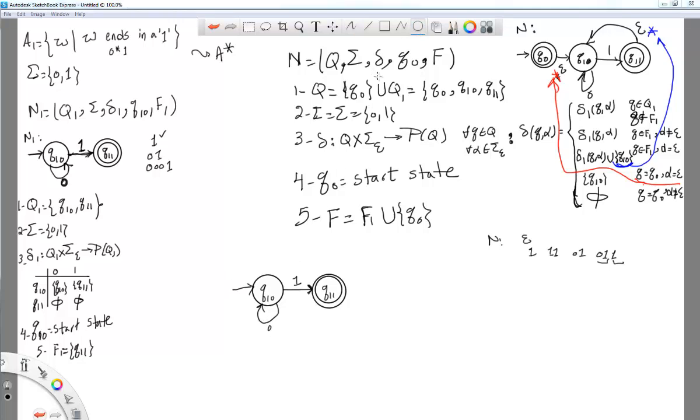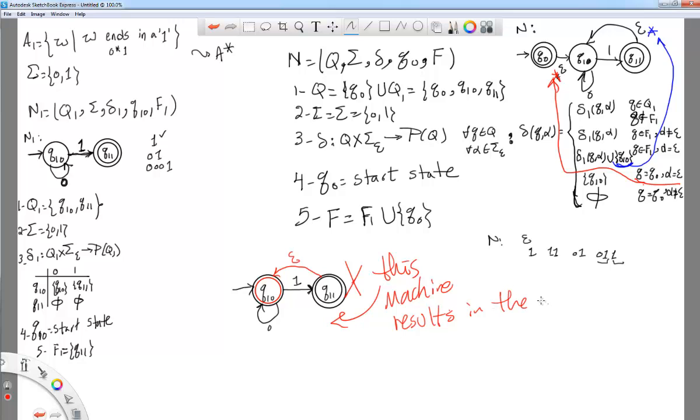So notice that it would be a mistake if I made this q sub 1 0 a start state, and then I added the epsilon transitions. This machine results in the wrong language.